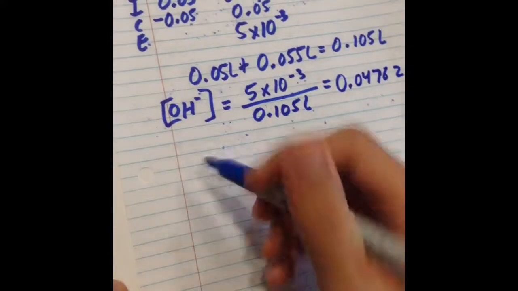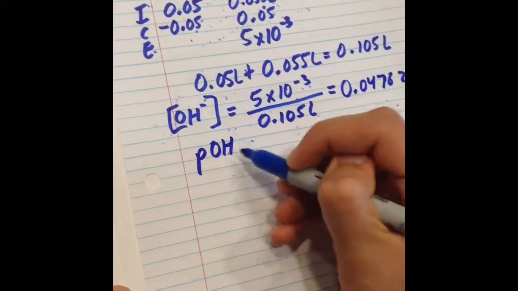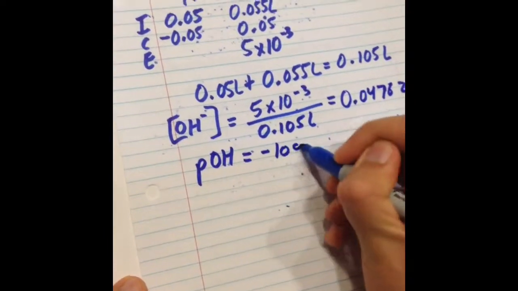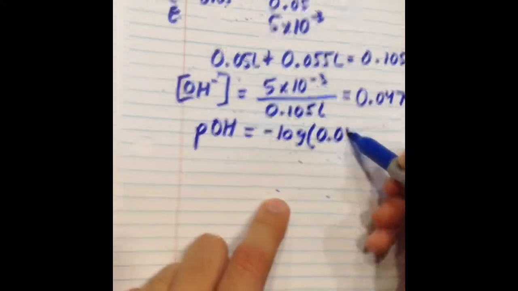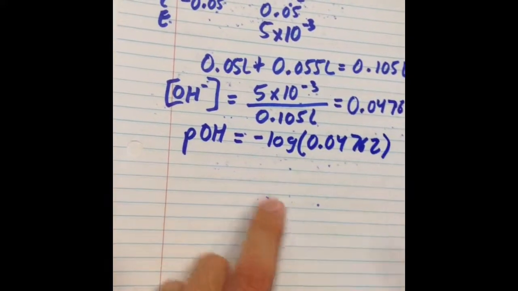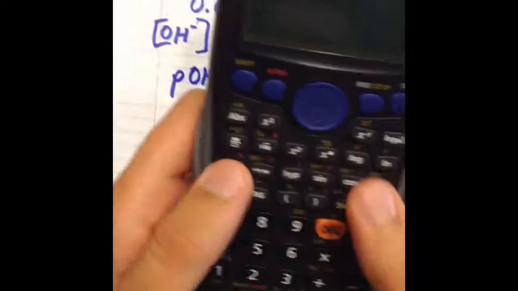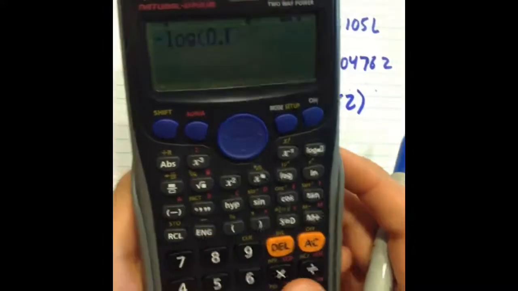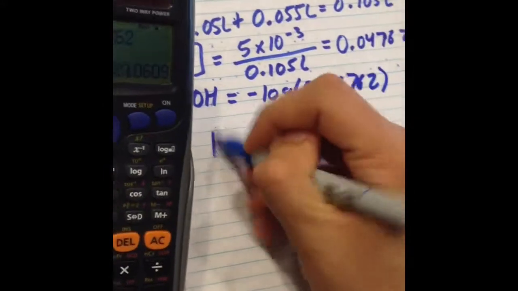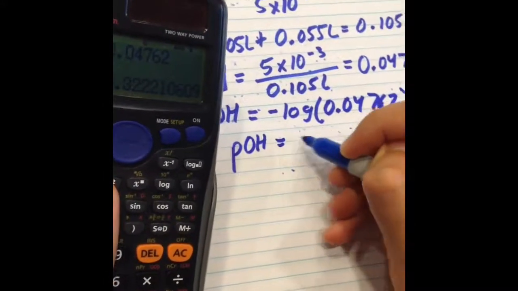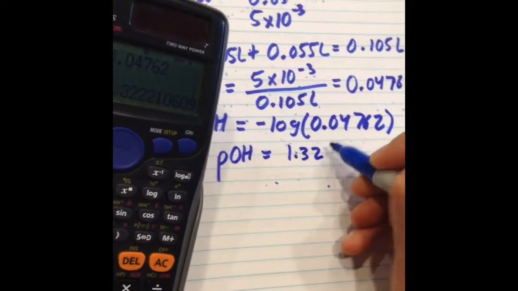Now we're going to find the pOH. The pOH is equal to the negative log of the OH- concentration. So negative log of 0.04762 equals, and we get a pOH of 1.32.